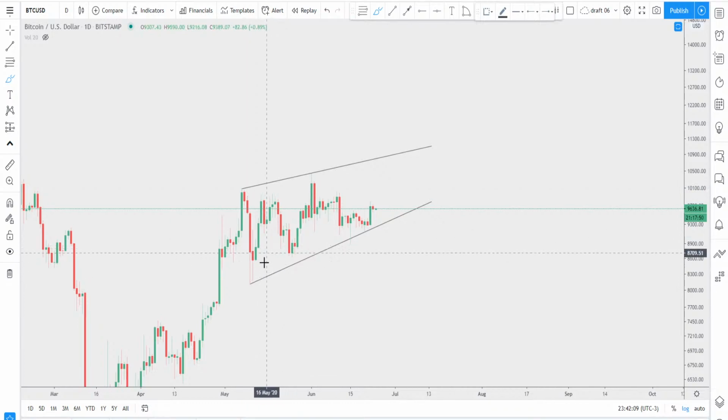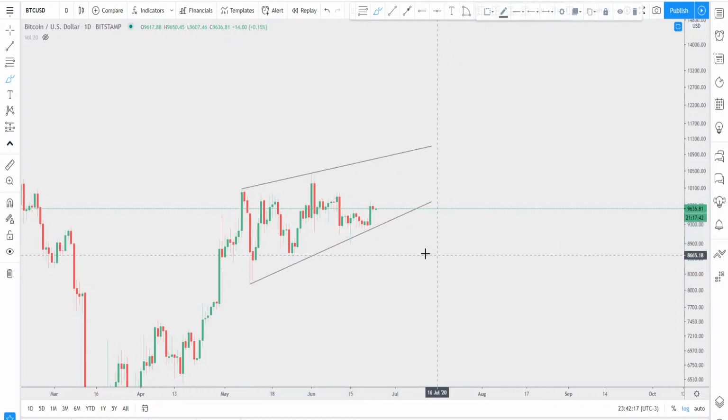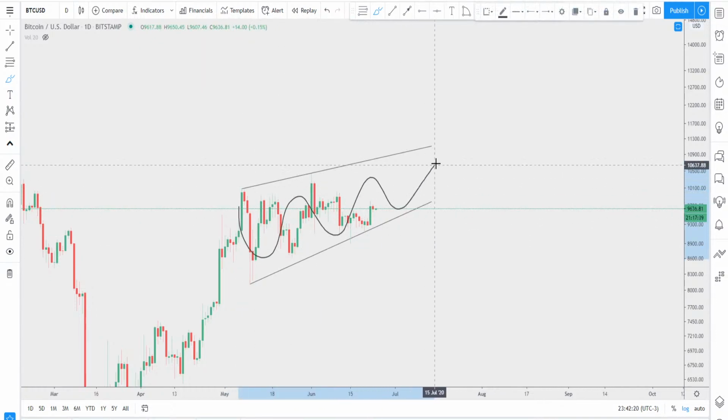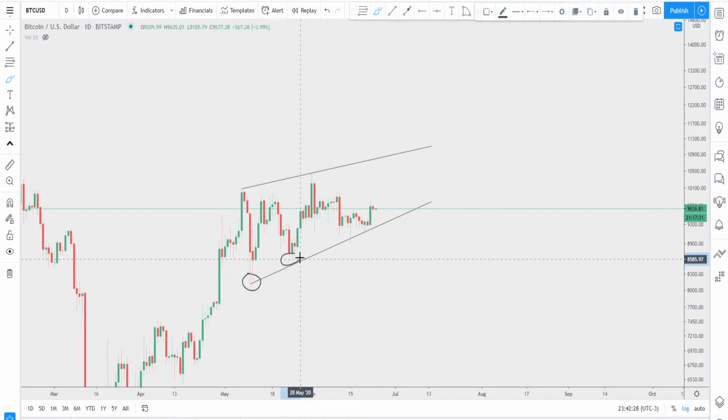Okay, so this kind of behavior, like I just showed you, is not bearish, it's not bullish, because it's an ascending pattern, right? It's not friendly. And as you can see, we are still making higher lows. This is one of the reasons why I say that higher lows are not always bullish, okay?